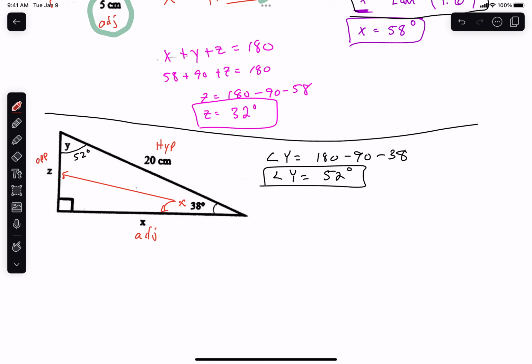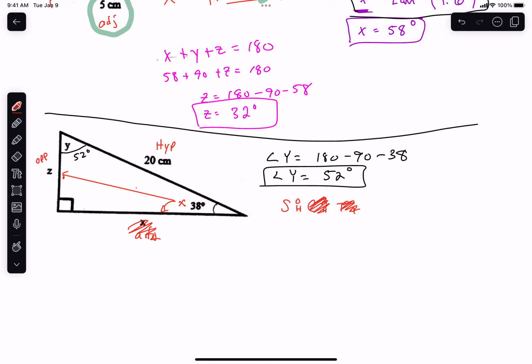Okay, if we're going to solve for Z, let's ignore this here. I'm not interested in it right now. We've made the decision to solve for Z. So if I ignore the adjacent side length, that means any of the ratios that have an A in it, I'm not going to use.